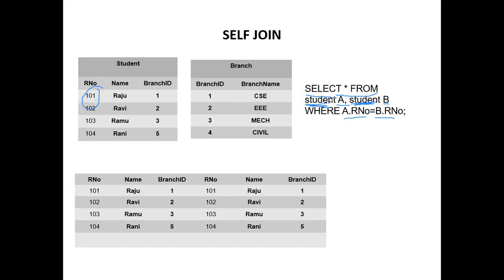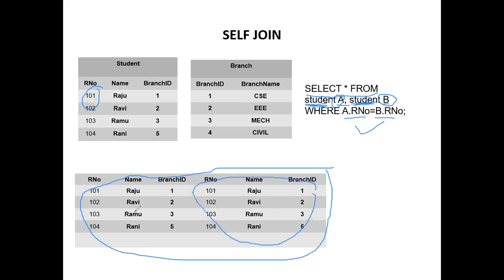Those two tables are the same table only, where the first table we are making A and the second table we are making B. We are renaming them. Then we execute this. Whenever you execute this SQL statement, a new table is created like this. If you observe this table, the student table is joined with the same student table here. So whenever matching is available, those records will be joined in the self join.